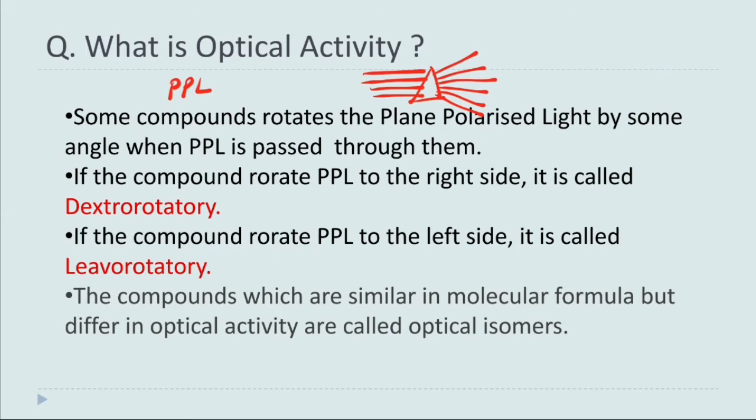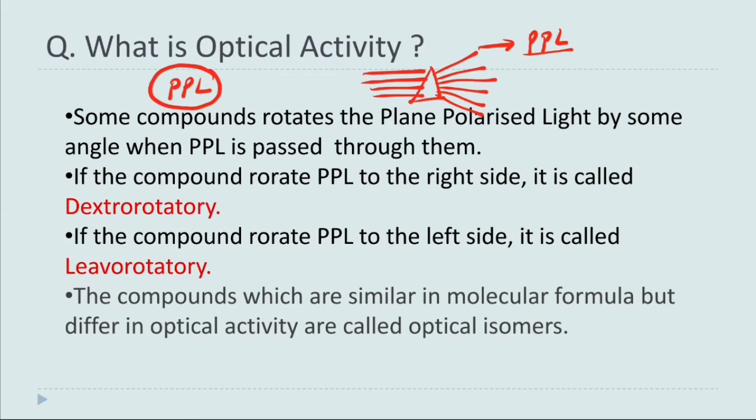Now each light is a polarized light in which a single wavelength is present. So what is plane polarized light? A light containing a single wavelength, and also its plane of propagation should be just one.